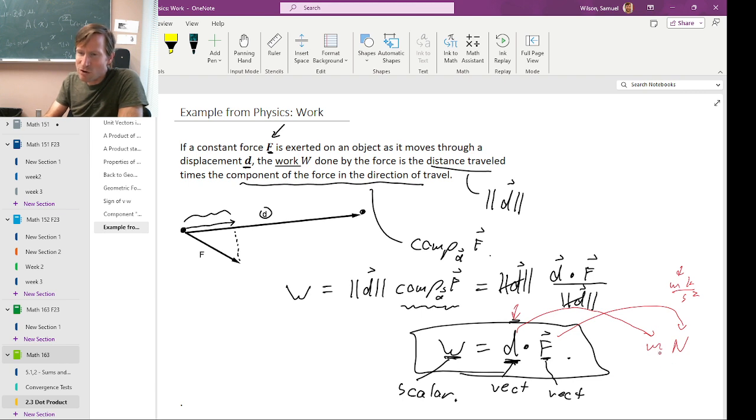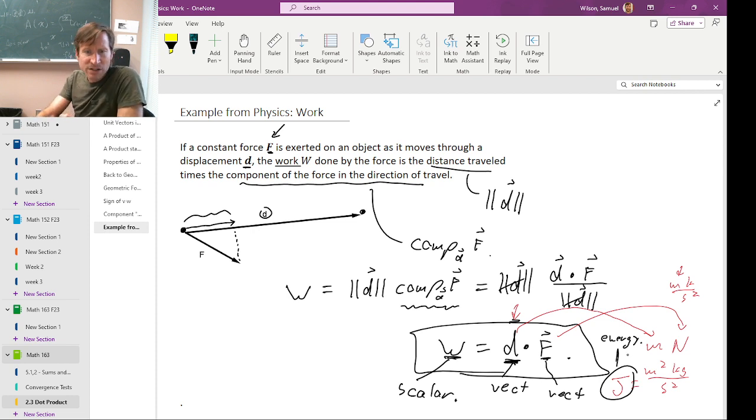So the units for this whole mess is meters times newtons, and that's meters squared kilogram per second squared. And this is what's called a joule. So a newton times a meter is a joule. So this is the units for work, and this is also the units for energy. Right? So work is a measure of energy.